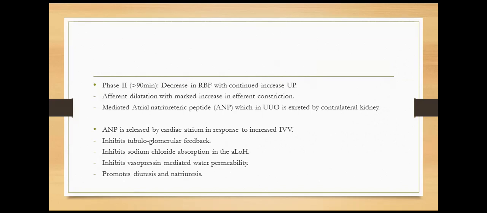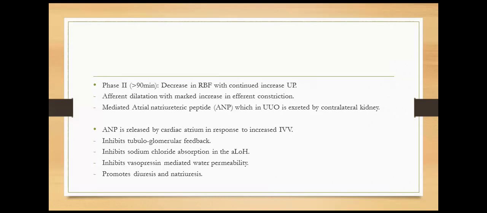Number 1, it inhibits the tubulo-glomerular feedback, because now you don't get your macula densa sensing the less sodium and being able to respond appropriately, and inhibits sodium chloride absorption in the ascending loop of Henle, and also inhibits the vasopressin-mediated water permeability, and also promotes diuresis and natriuresis.